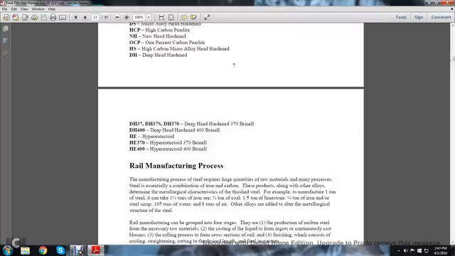It continues: DH37, DH37S, and DH370 deep hardened 370 Brinell, DH40 deep hardened 400 Brinell, HE hypereutectoid, HE 370 hypereutectoid 370 Brinell, HE 400 hypereutectoid 400 Brinell.